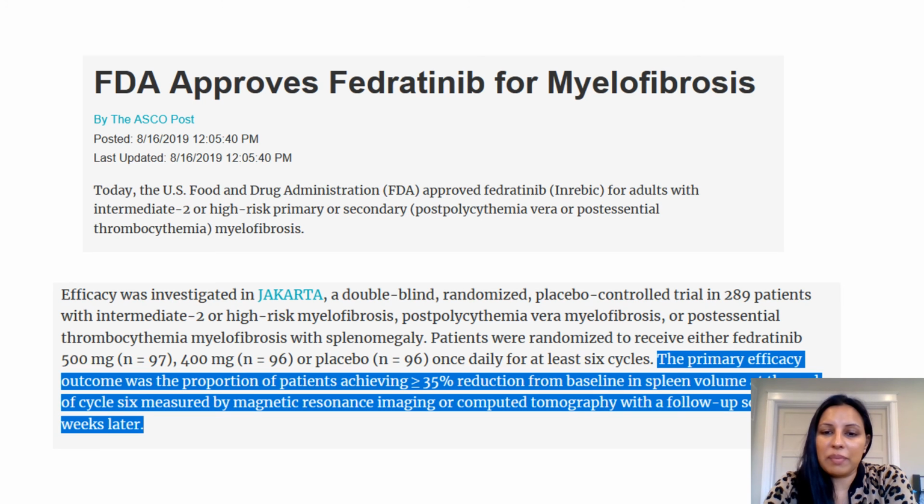The primary efficacy endpoint of this trial, the JAKARTA trial, was a reduction in spleen volume. This actually was not the first approval of its kind. There was another very similar approval in 2011, I believe, with ruxolitinib. So there is room for discussion, particularly when regulatory flexibility exists.